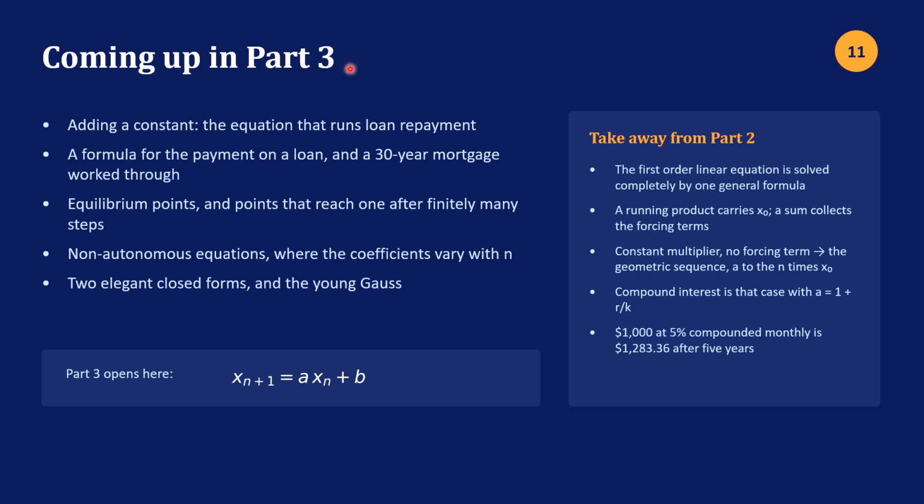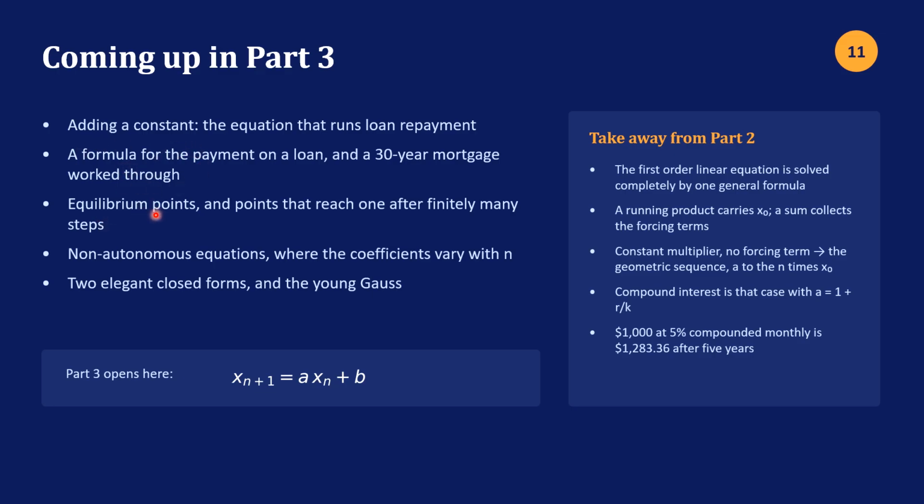So coming up in lesson 3, we'll add a constant. So we had this in this lesson. Now we're going to add a constant to it. A formula for the payment on a loan and a 30-year mortgage. So we'll work through these examples.